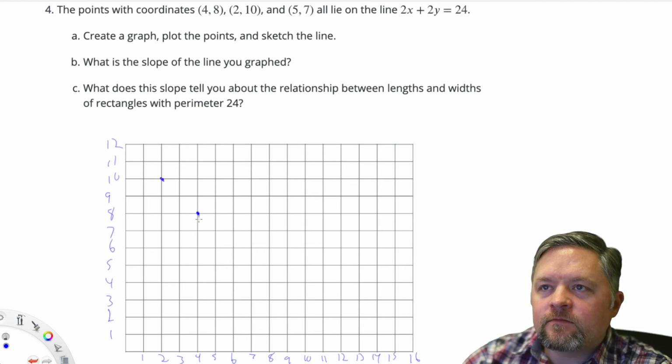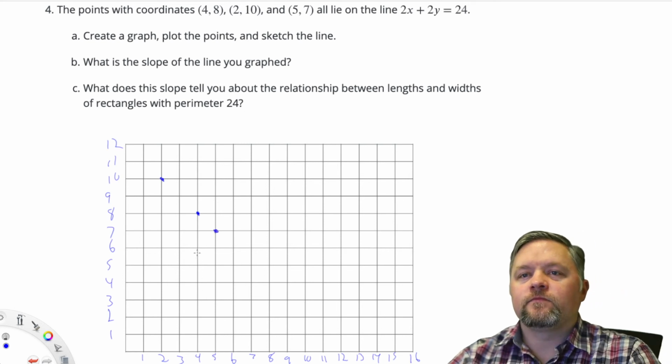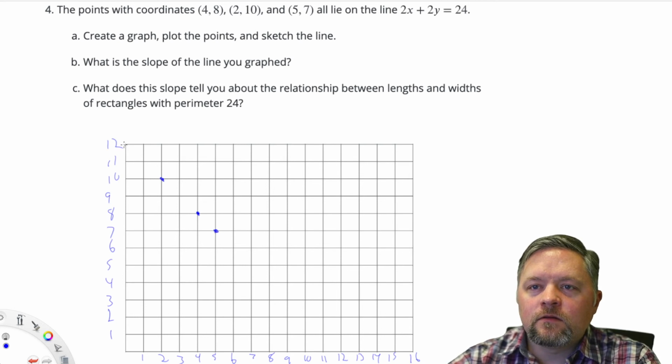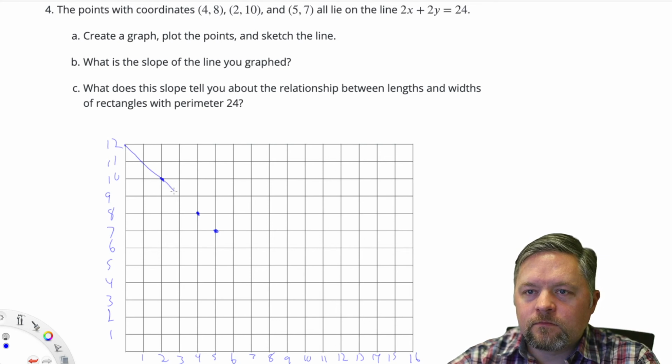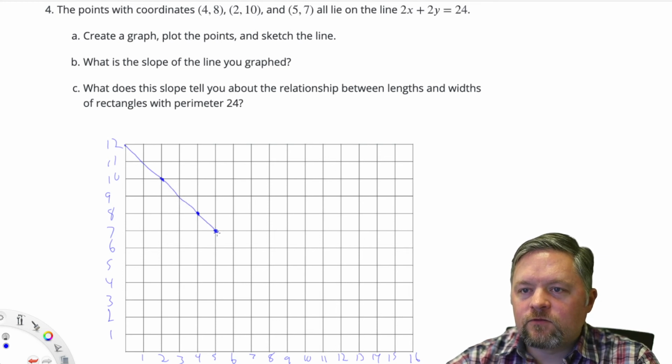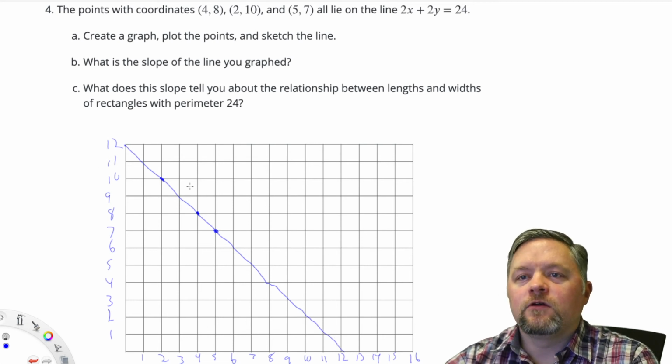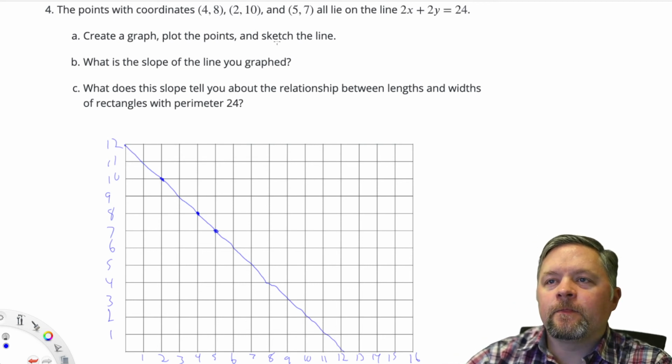And (5, 7). Graphed my line. Plot the points, sketch the line. Done.